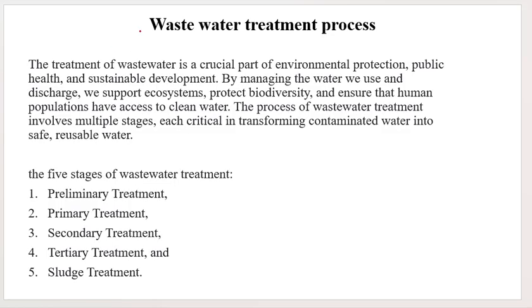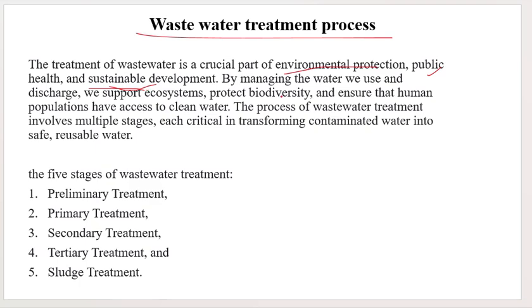Wastewater treatment process. The treatment of wastewater is very important. Why is it important? Because it protects our environment, our public health, and our sustainable development. I mean to say, it is used for sustainable development.